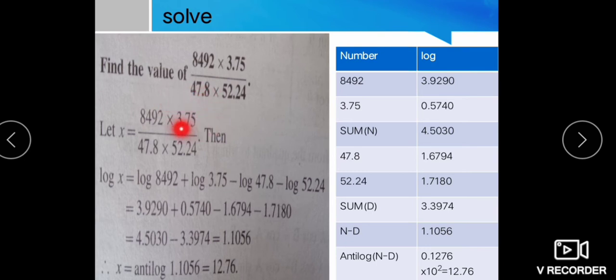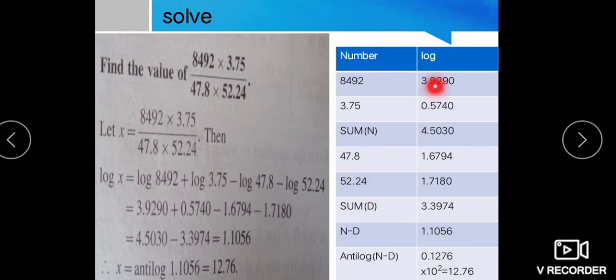Log of multiplication is the sum of the logarithms, and log of division is the subtraction of logarithms. Using this rule, log of x is equal to log of numerator minus log of denominator.